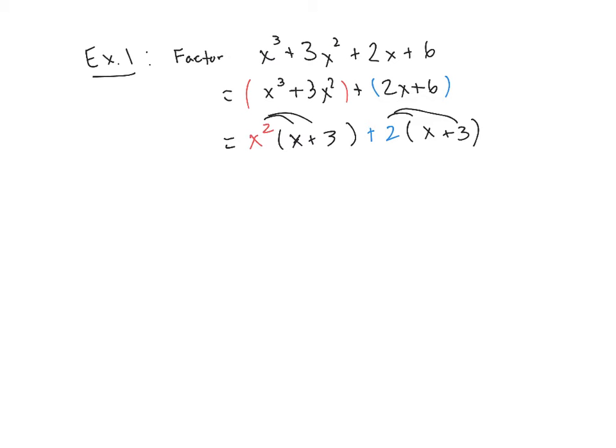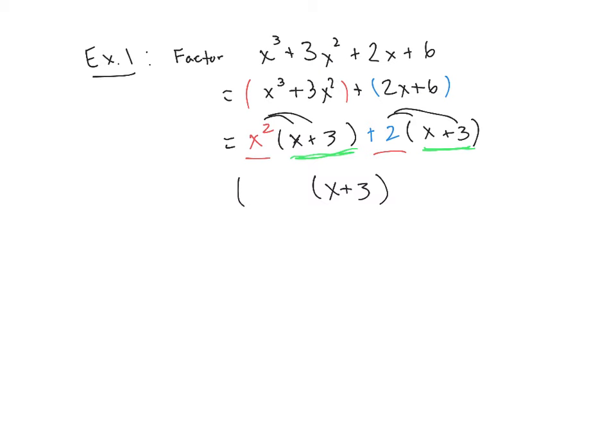Now the grouping part is that you notice that the same part inside the parentheses came out both sides, right? I have x plus 3 as my part in the parentheses on both parts. So we're going to have the common part, and then we're going to have the GCFs, right? And so really what we can do is we can count up how many x plus 3s I have. So the amount of x plus 3s that I have is x squared plus 2 of them, right?